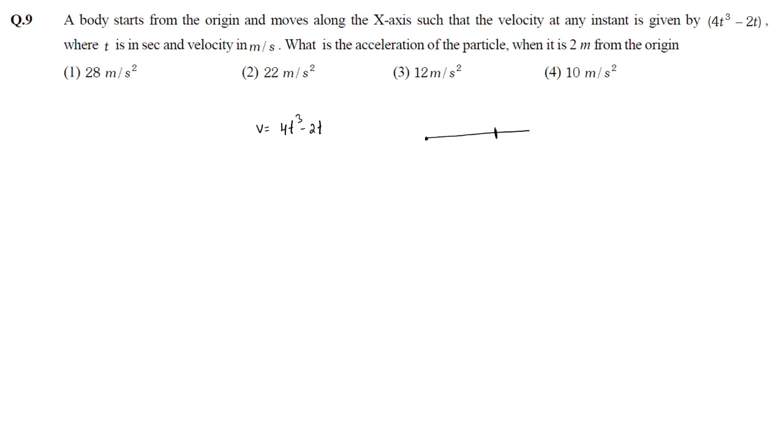When it is at a distance of 2 meter from the origin, what is the acceleration? That is the question that they are asking. So acceleration means, if you differentiate that velocity, we will get 12t square minus 2. So if you know the time taken for covering that distance of 2 meter, then automatically you can substitute that time value here and you can get the acceleration.